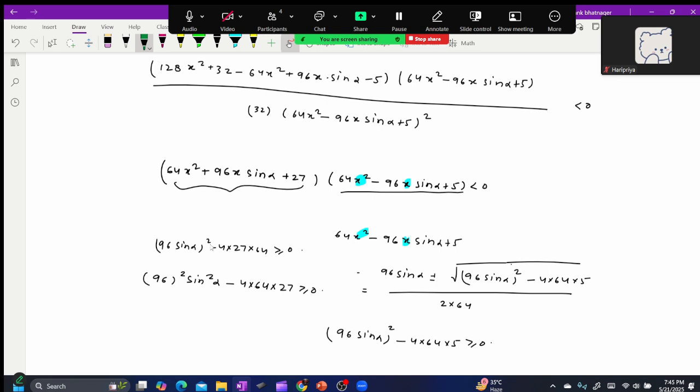What I can take common, I can write this like this. I think I can take 16 from the 96. So I'll take 16 common.